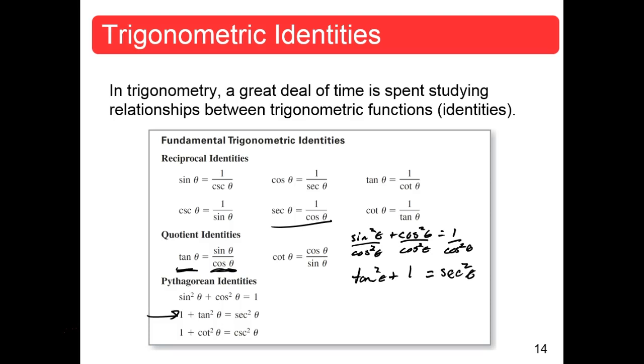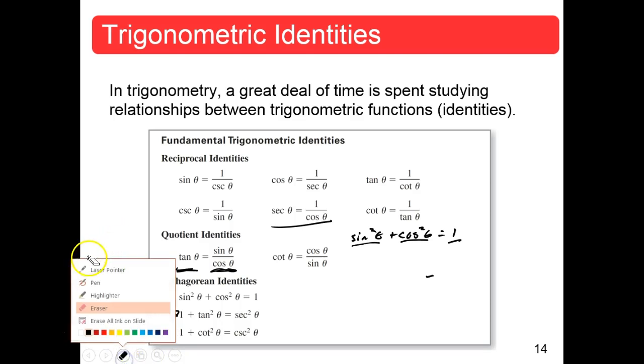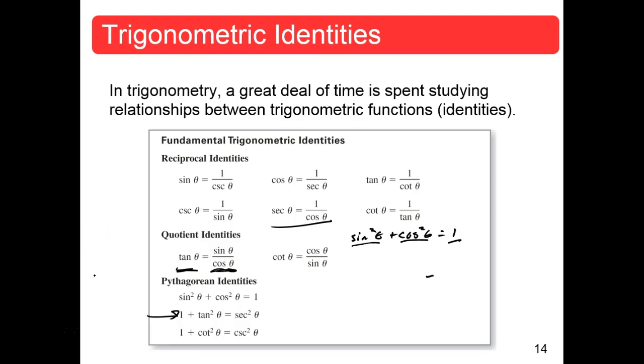Now, let's do something very similar. Can I erase that? Or parts of it? This time, guess what we might try doing? Not dividing by cosine squared theta, but dividing by sine squared theta.